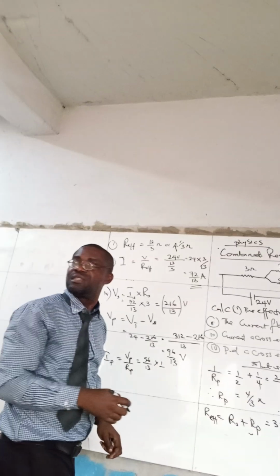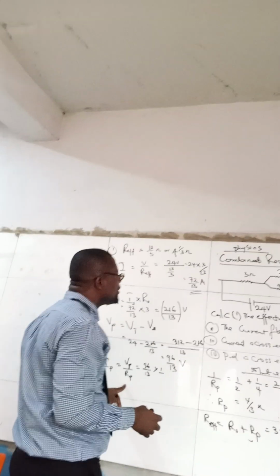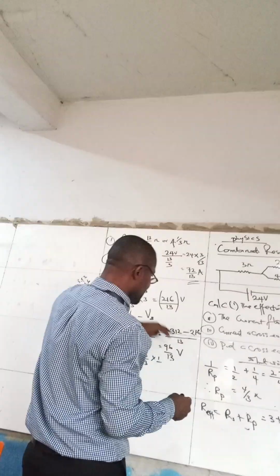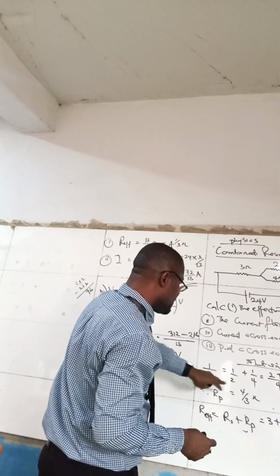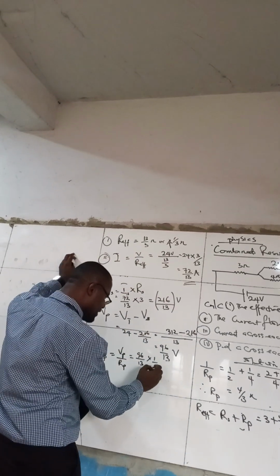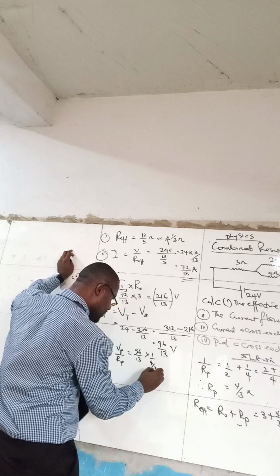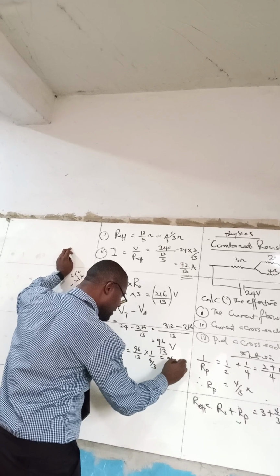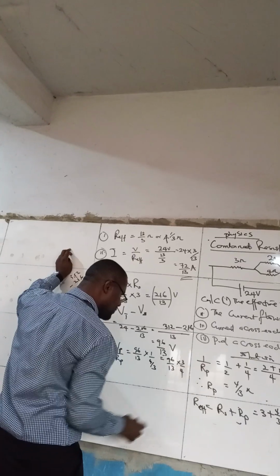The resistance of the parallel we got earlier to be 4/3. So this will simply give us 96/13 times 3/4.